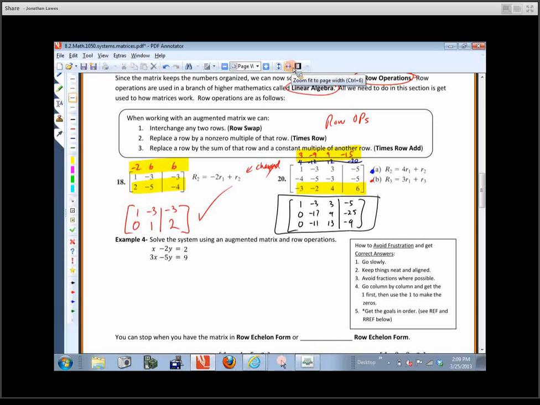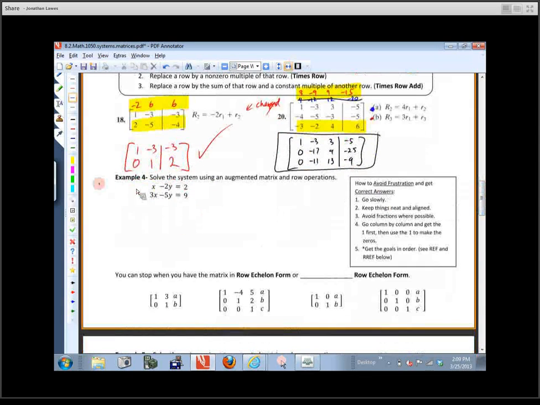Okay, so we're going to solve that system right here using row operations. A couple of things you ought to keep in mind to reduce the frustration level. This can be frustrating because it's a little bit on the tedious side and there's a lot of arithmetic. With a 2 by 2, it's not bad, but with a 3 by 3, it gets pretty complicated.